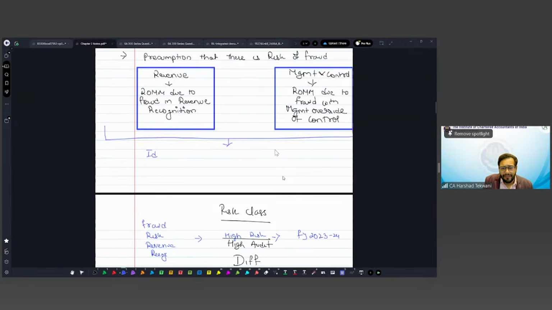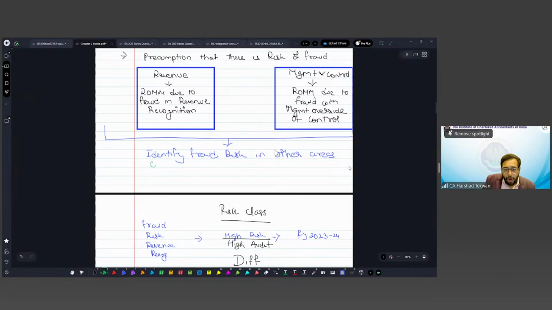You will identify fraud risk in other areas. You will identify where is the fraud risk. Simple. What is the purpose of getting this information? To understand the areas where there is a fraud risk. At the end, that is our first objective.